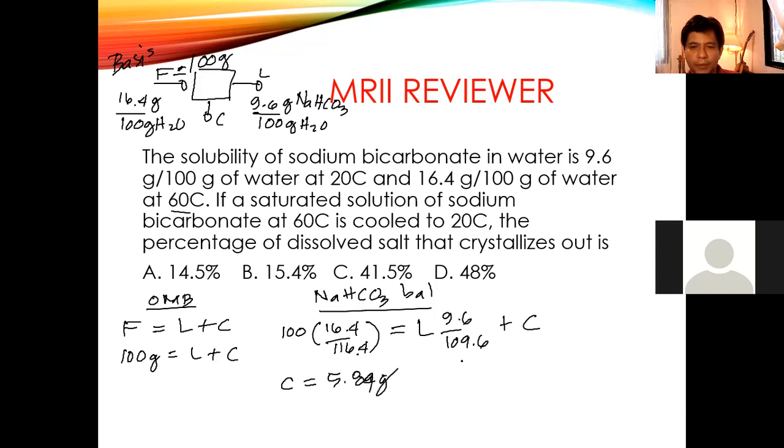Let's calculate the percentage: 5.84 grams divided by the original. The original is the 100 grams of feed times 16.4 divided by 116.4. Do you agree? This is the conversion to sodium bicarbonate, since this is grams of sodium bicarbonate and this is solution, the 100 grams of solution. Then times 100%.